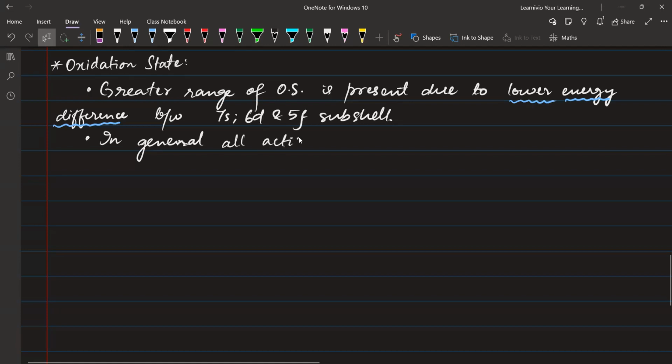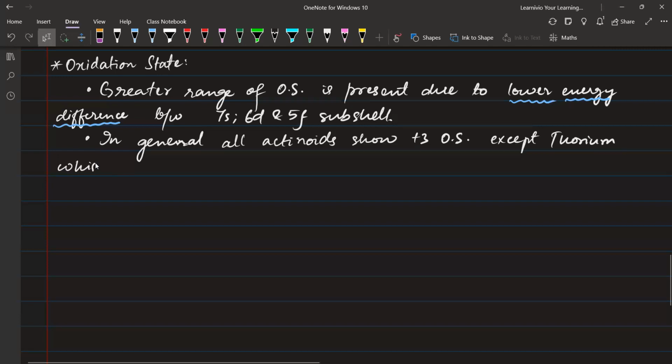Okay. All actinides show +3 oxidation state except curium. Curium +3 नहीं दिखाता है.